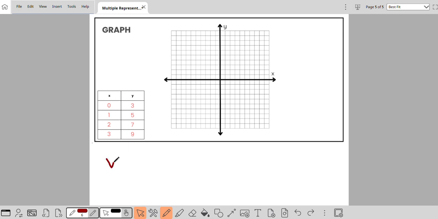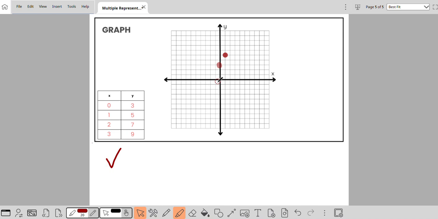All right, let's see what our next one is. This time they've given us the points that we've already figured out, and we are going to graph them. So let me go ahead and grab my highlighter. The first point is 0 and 3. 1, 2, 3. Okay, the second one is over 1, up 5. 1, 2, 3, 4, 5.